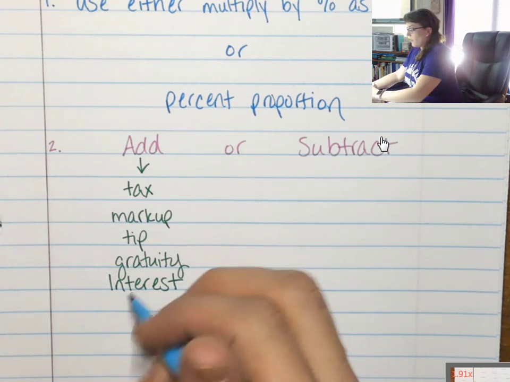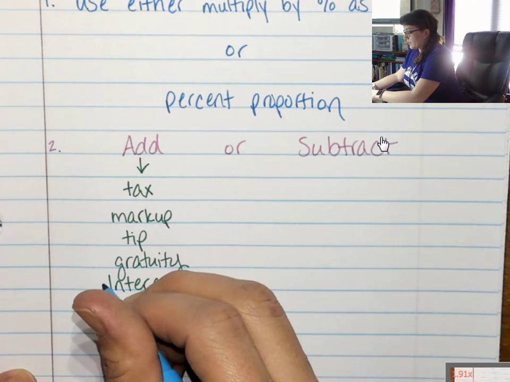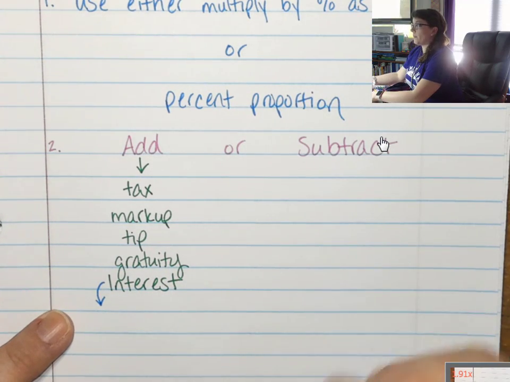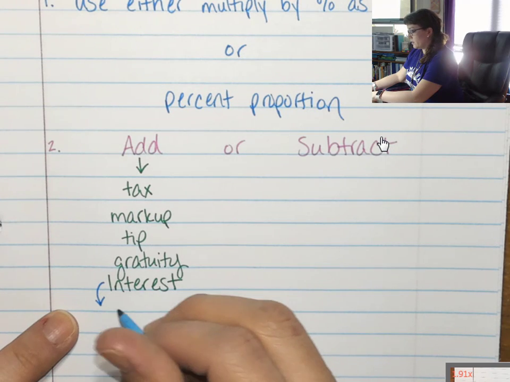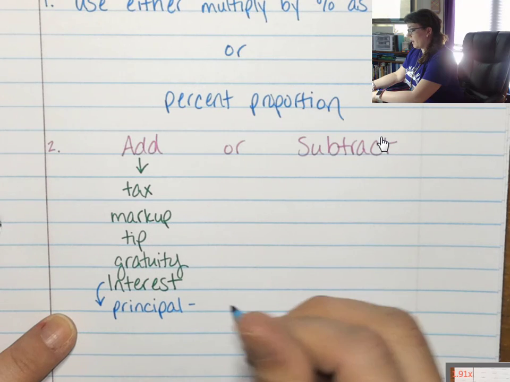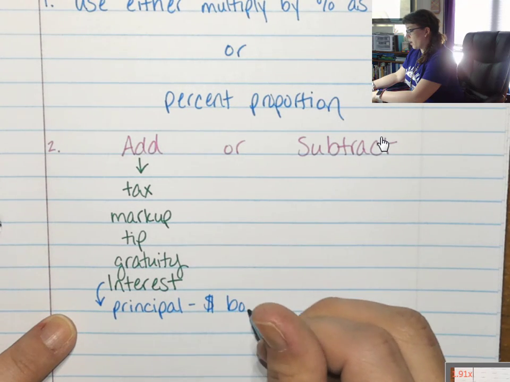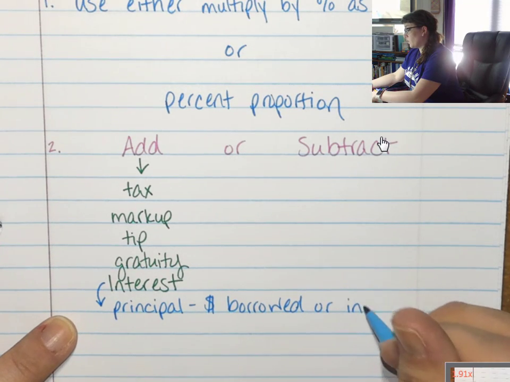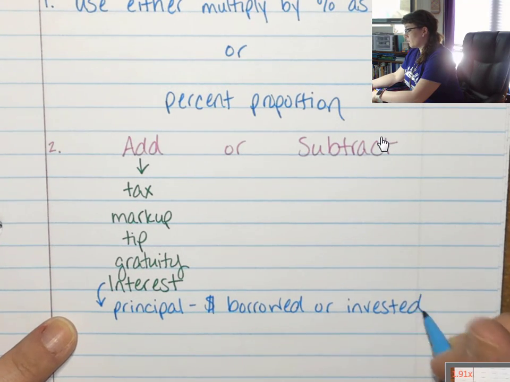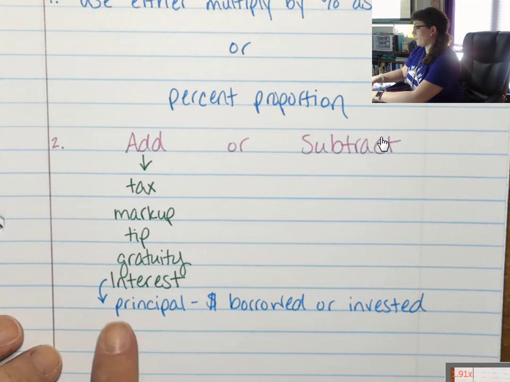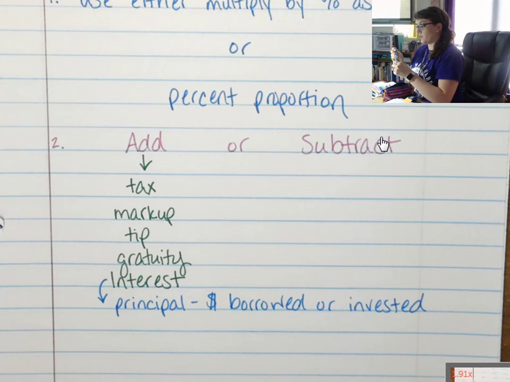Okay? So here's a little mini lesson on interest. The amount you borrow is called the principal, P-A-L. The principal is the money borrowed or invested, because you could be the one lending money. If you lend your sister or brother $20, you could say, I'm going to lend you this money with interest so that they pay you more later.